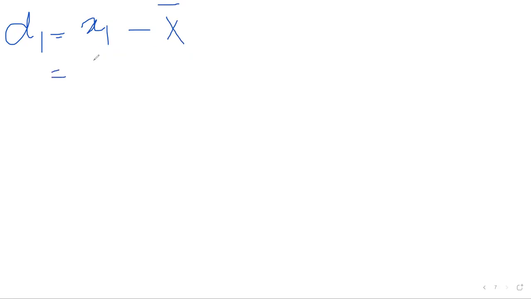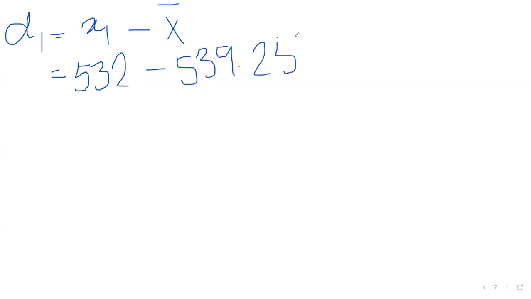I know my X1 is, from the problem, 532. So 532 minus what? What is my arithmetic mean? 539.25. Clear? So do the calculation part that I'm not doing, that you people will do.